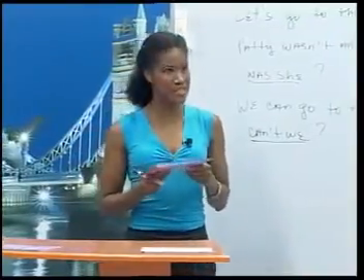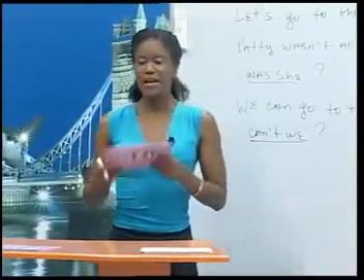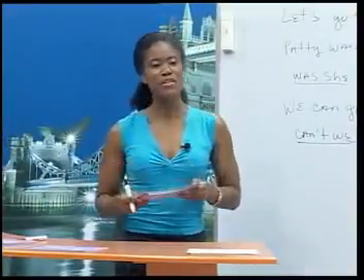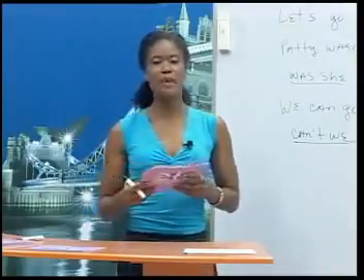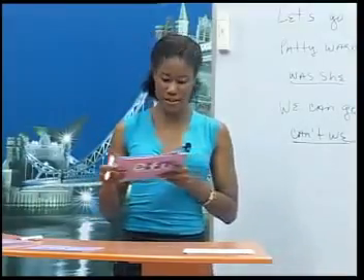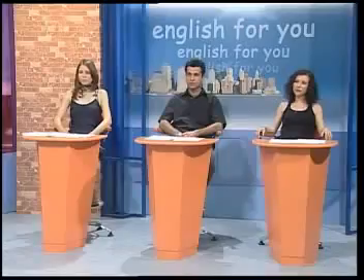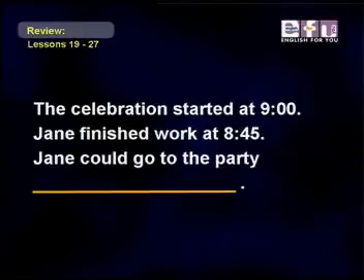Okay, good sentences, everyone. Now, this exercise is with time clauses. Give us a time clause for each sentence and use the past continuous when necessary. Okay, this is another fill in the blanks. The celebration started at 9 o'clock.